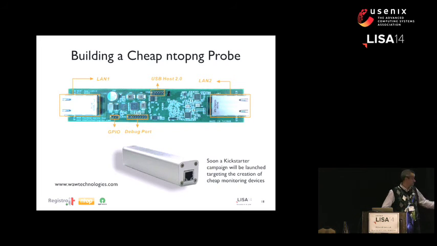So this company will soon launch a Kickstarter campaign for doing that, and we hope that very soon, next year, it's possible to deploy very tiny devices at very low cost in your network and collect this data through ntopng using this web GUI.